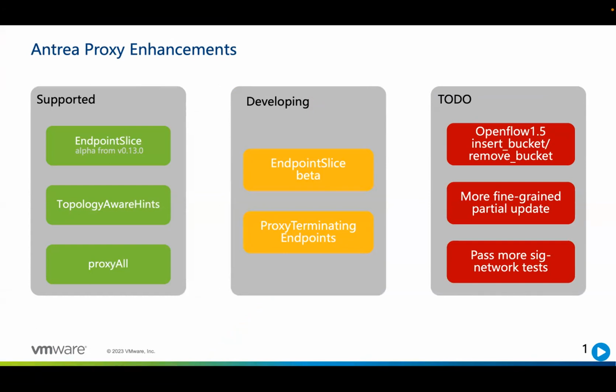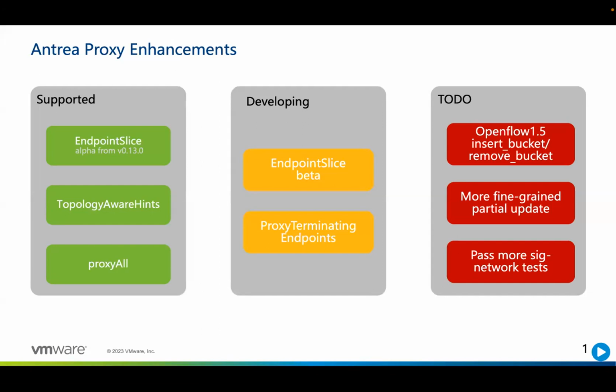What we are going to do includes OpenFlow 1.5 operations like insert bucket and remove bucket, and, as I talked about in an earlier community meeting, more fine-grained Pod update of Antrea Proxy. Another is to pass more Sig-network tests.